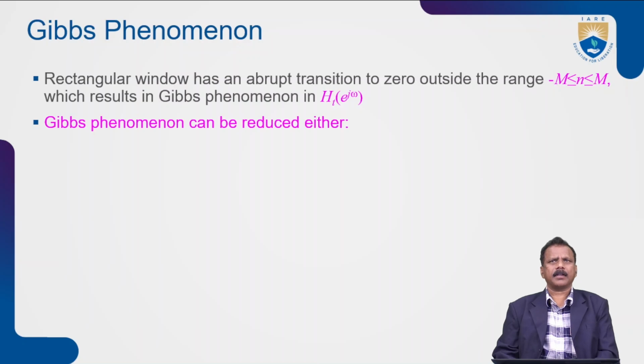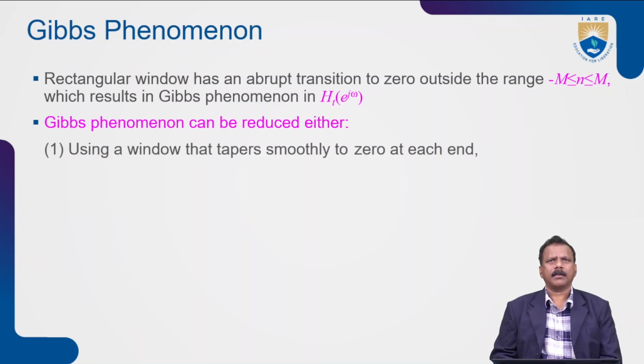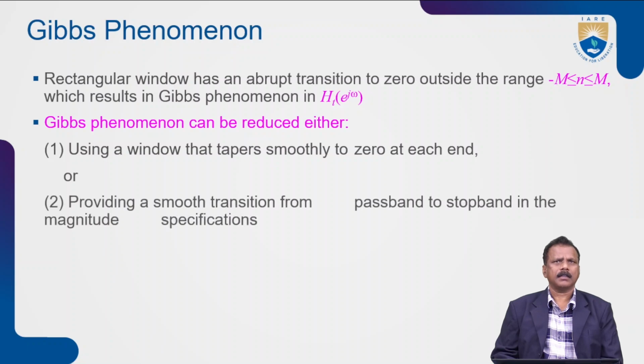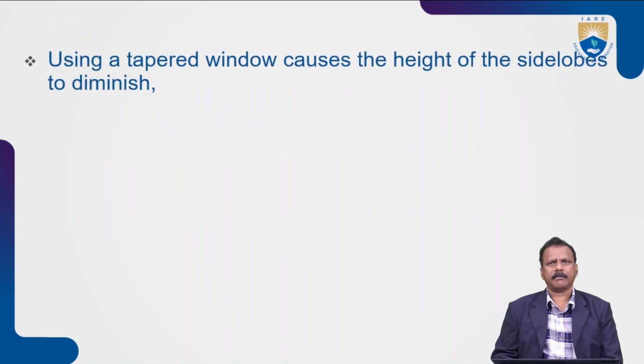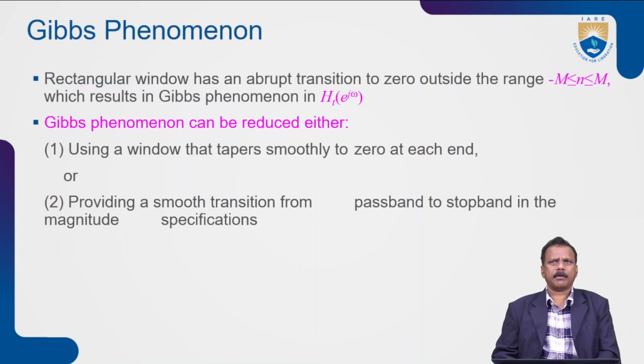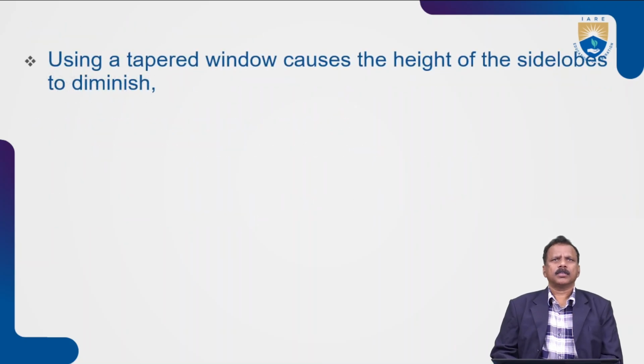The Gibbs phenomenon can be reduced by using a window that tapers smoothly to 0 at each end. This is one aspect. Or we can consider providing a smooth transition from the pass band to the stop band in the magnitude response, and see how it affects Sr(e^jω). Using a tapered window causes the height of the side lobes to diminish.